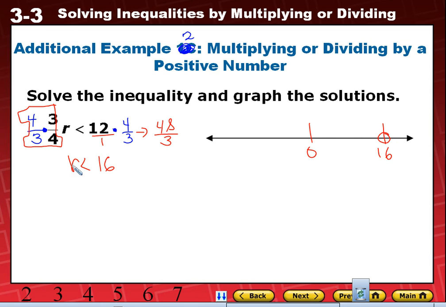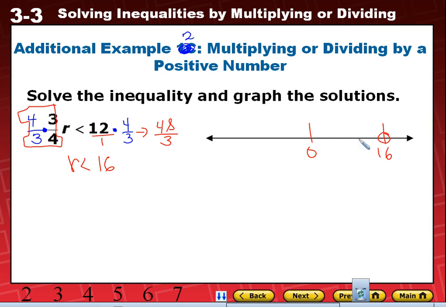Let's read this. It says, r is less than 16. What number can I substitute for r that would make this true? Let's listen. r is less than 16. What number could be less than 16? Yeah, the next one down to the left. 15. How about 15.75? Yeah, anything below 16.